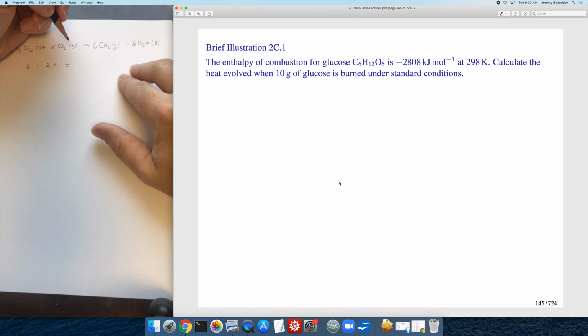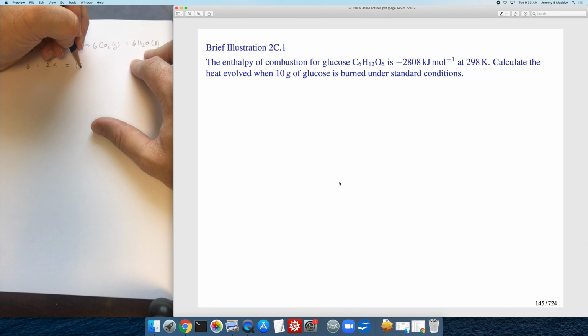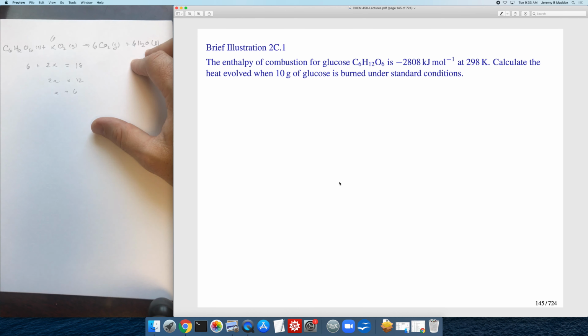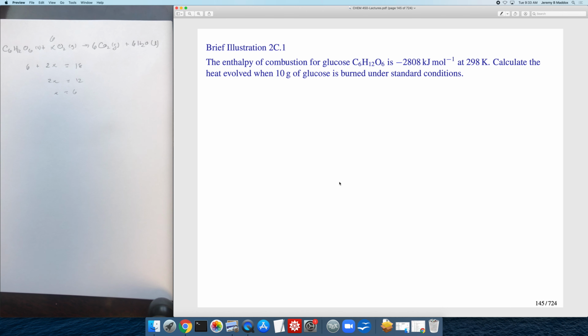You've got 12 here, plus 6 here, so you've got a total of 18. So x equals 6. Always balance the oxygen last, and if you need a fraction for that oxygen, you need a fraction. That's all there is to it.